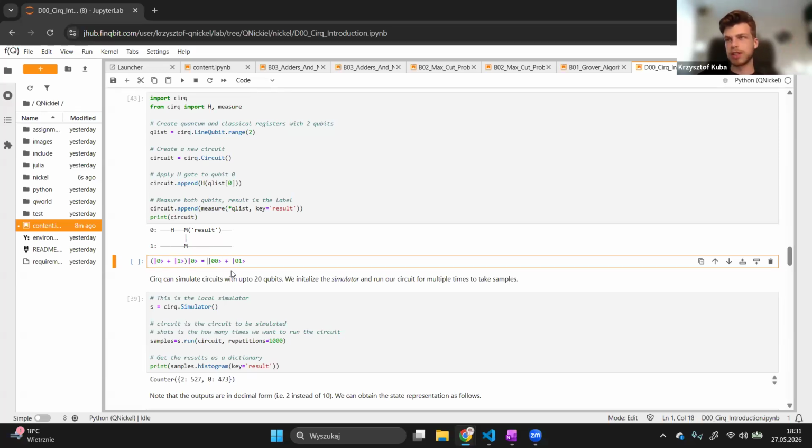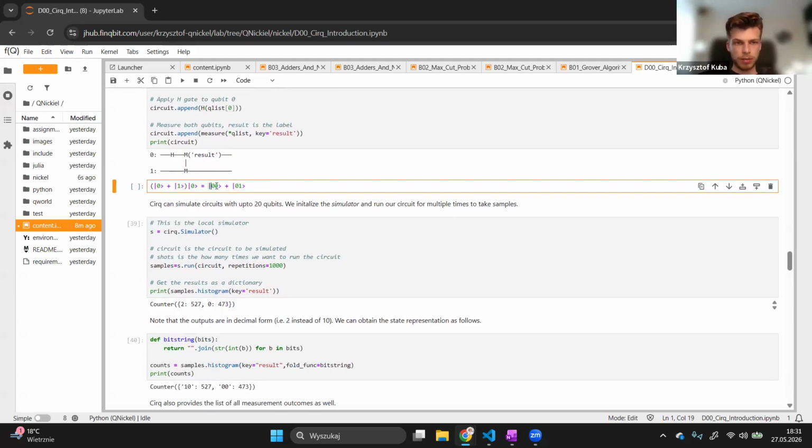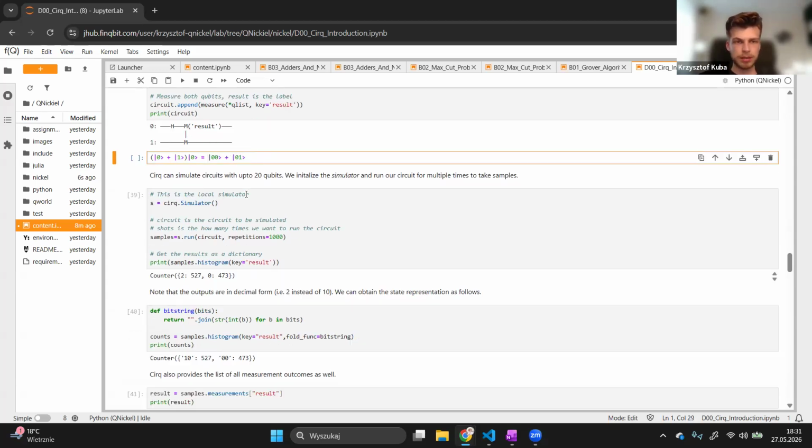Of course, there are some constants, but we can omit those. So the measurement should output those 2 bit strings.